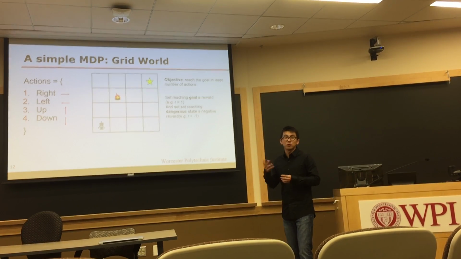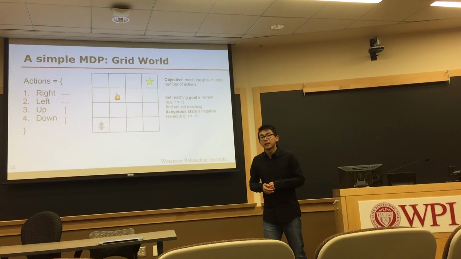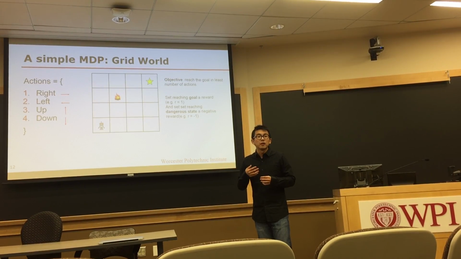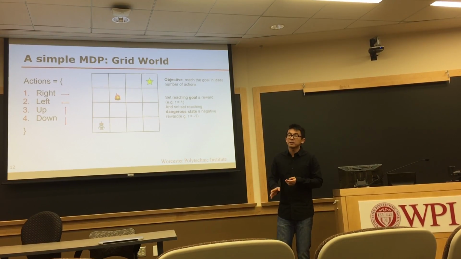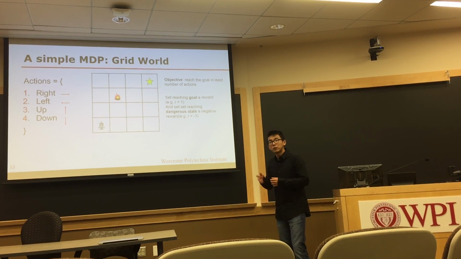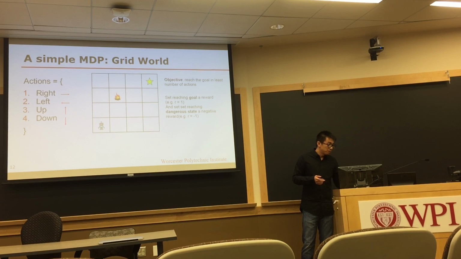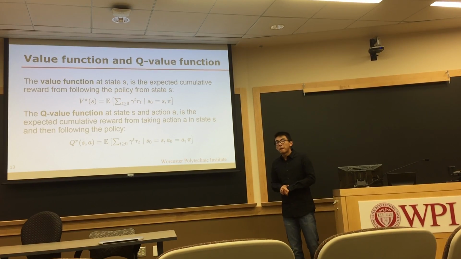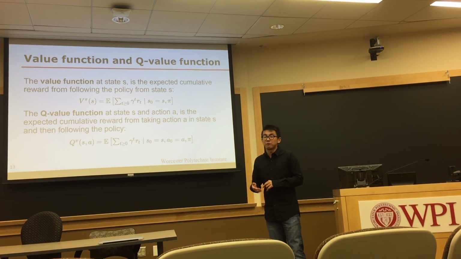It can be used in path planning, and in motion planning for the robot, for the humanoid robot. It has many applications. Here I will give you some definitions of the value function and the Q-value function.